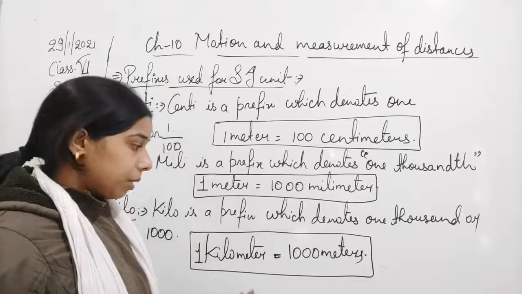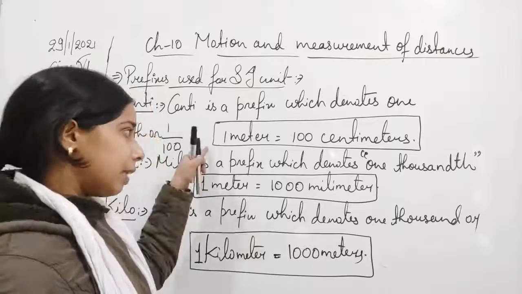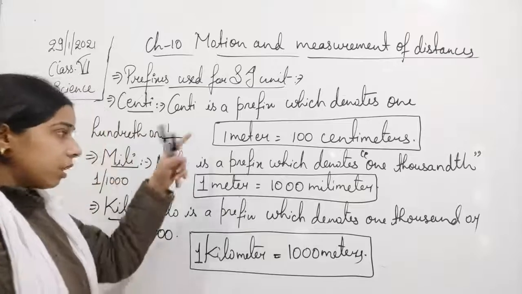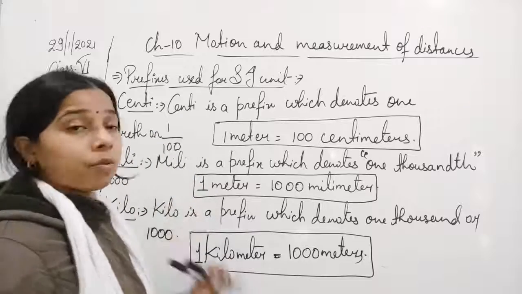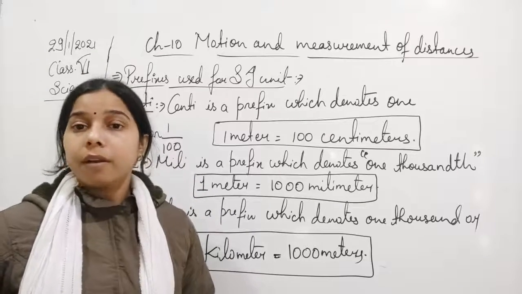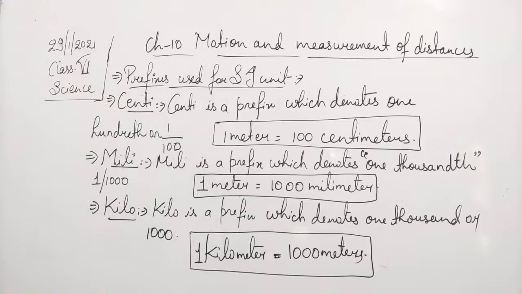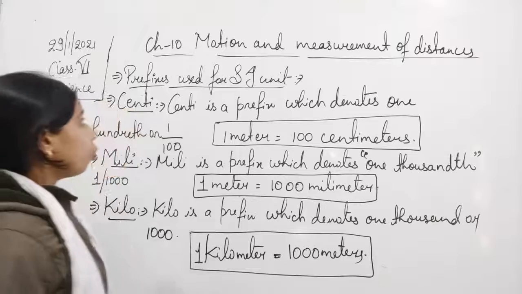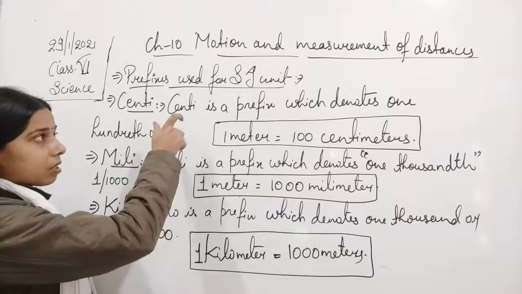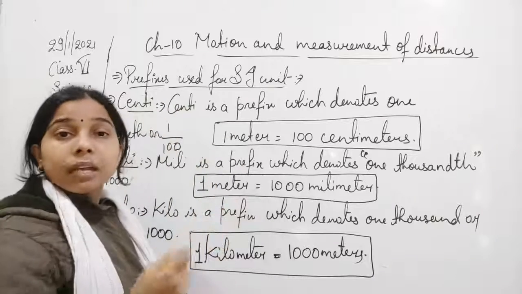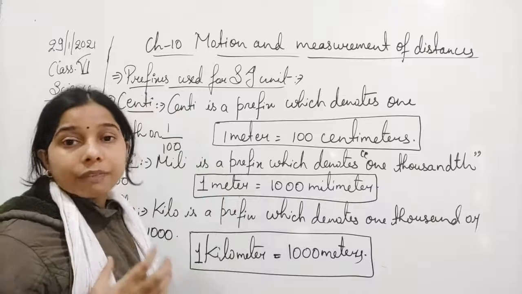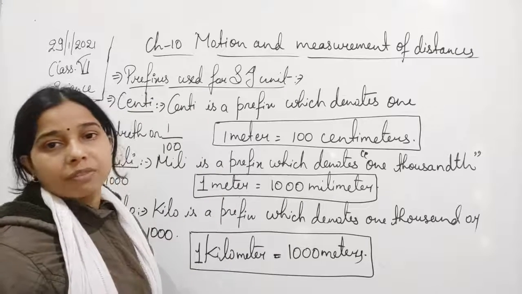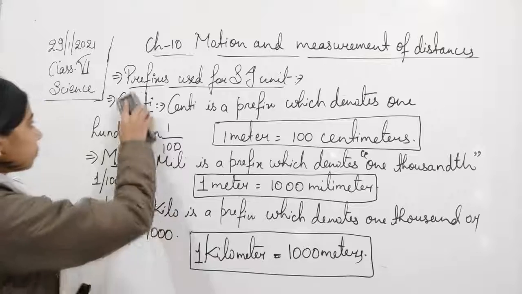Kilometer gives a bigger value, centimeter gives the smaller value and millimeter gives the even smaller value. Now, how do we represent the kilometer, centimeter and millimeter? I hope you all have understood the prefixes that we use for the SI unit. Prefix means the word that we are going to use before that of the SI unit.